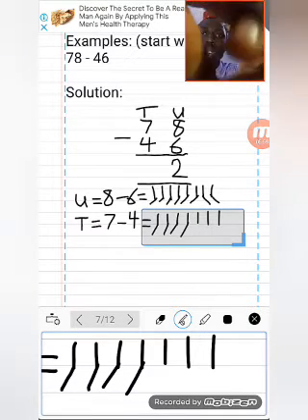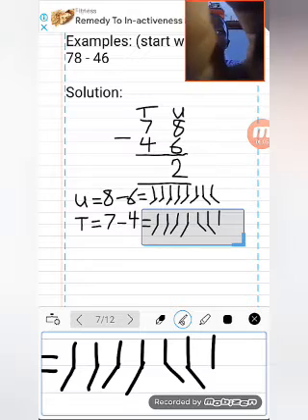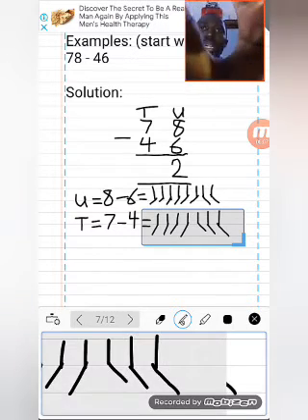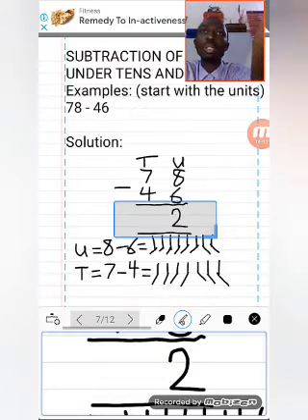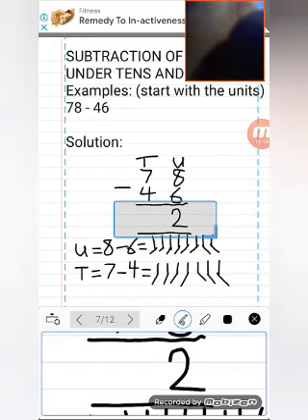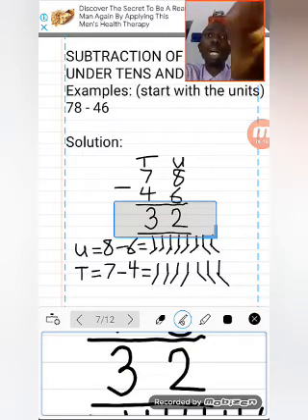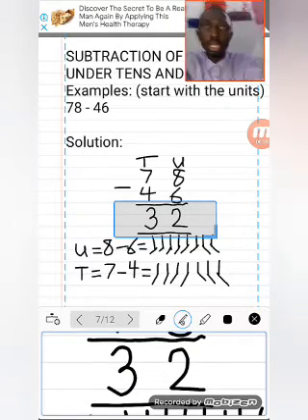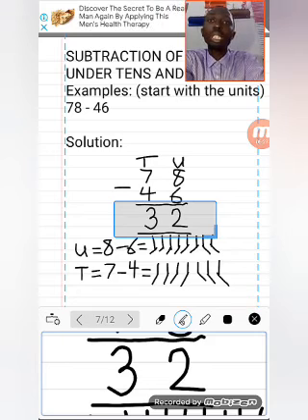Good, we've taken away 4. Now let's count what we have left, in the other direction. 1, 2, 3. We have 3 left. That's 7 minus 4 for the tens. Under the tens place value is 3. So write it there. 78 minus 46, as you can see, gives us 32.